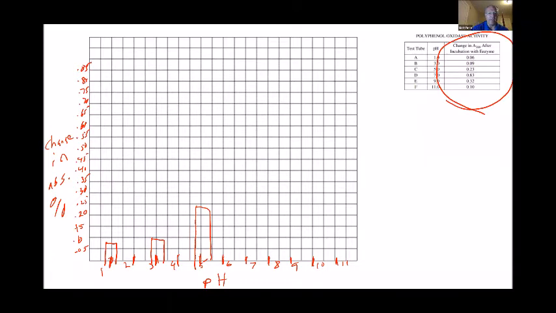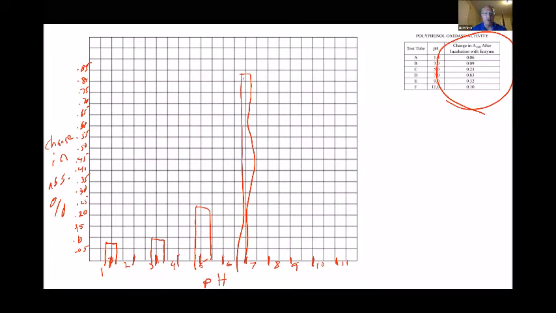All right, so we're at 0.83 at 7, so let's go way up here. 0.83, somewhere in this neighborhood. Whoa, that's a really curvy line, guys. You definitely would want to use a straight edge here. You don't want a curvy bar graph. 9 at 0.32. So somewhere in there. And 11 at 0.10. So somewhere in there.